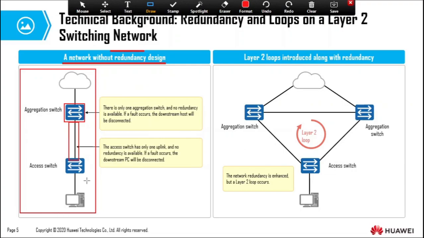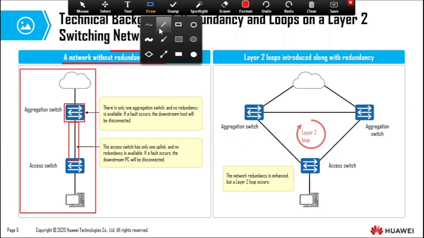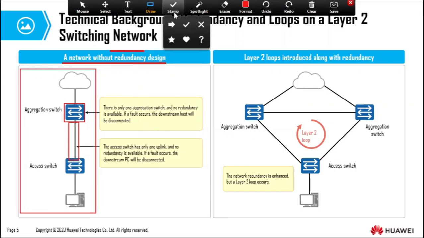So really, what happens here is that if this device fails, then everyone else in the network is isolated. They won't be able to access the internet. Similarly, if this link fails, then people will also be isolated. So that's the problem of not having redundant devices or redundant links.